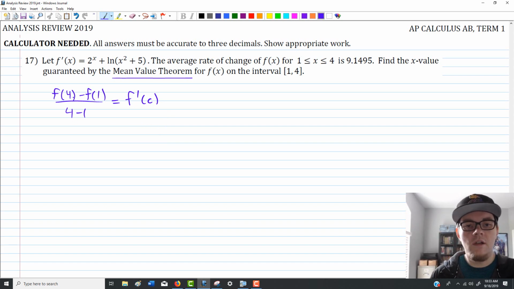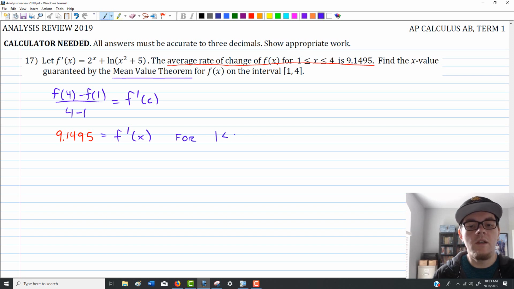So in our particular case, we were told that the average rate of change of f from 1 to 4 is 9.1495. Our job is to figure out for what x value on that interval that is equal to f prime of x. And of course that would be true for values between 1 and 4.